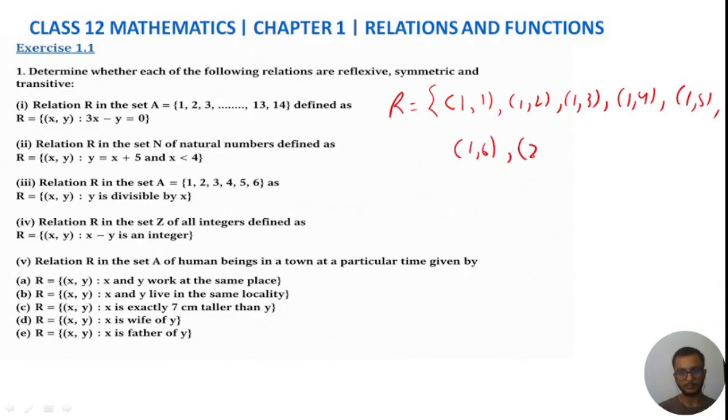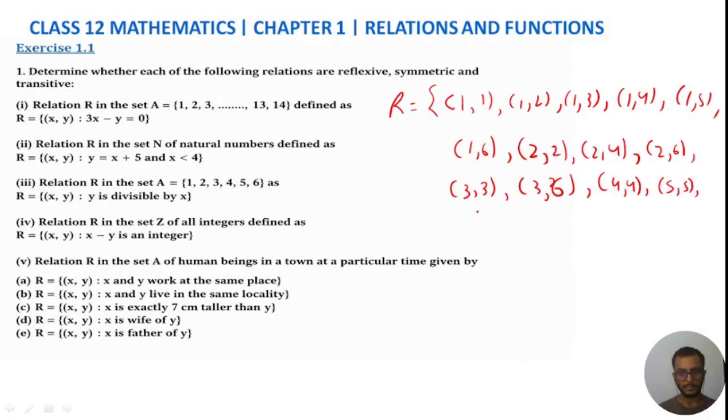Now if I pick x equals 2, 2 is divisible by 2, then 4 is divisible by 2, then 6 is divisible by 2, this much only. Then for 3 I will have (3, 3), then (3, 6), since 6 is divisible by 3, right? Then for 4, only (4, 4) will be in R, and for 5, only (5, 5) will be in R, and for x equals 6, only (6, 6) is in R.